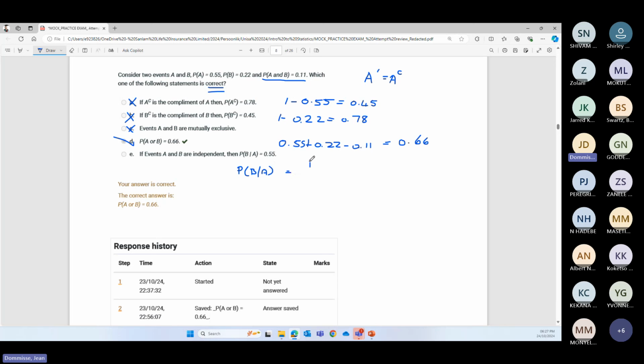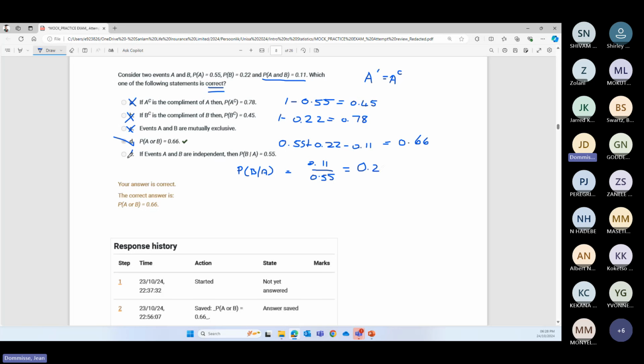And if events A and B are independent, then probability of B given A is equal to probability of A and B, so it is probability of A and B, 0.11, divided by probability of A, and that should then actually have been equal to probability of B. So let's see what this one comes up with, divided by that, 0.2.